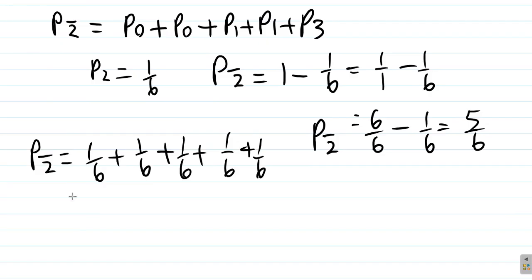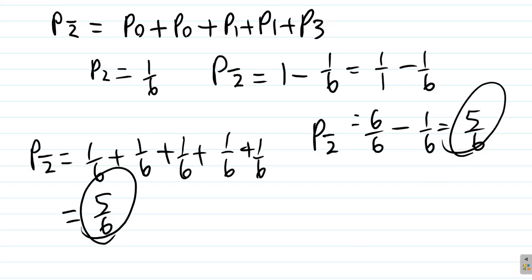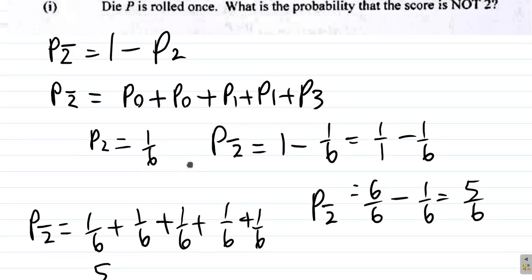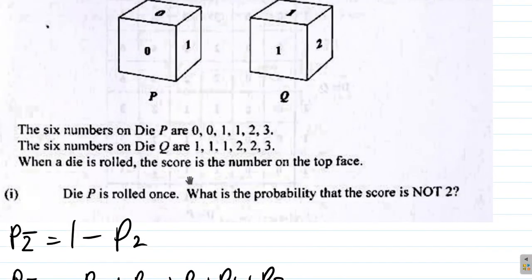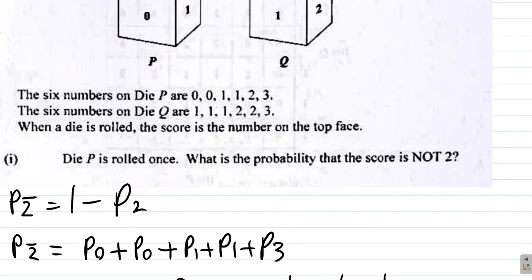Now, how many sixths do you have here? 1, 2, 3, 4, 5. There are 5 sixths, so when you add them, you have 5/6. Same answer. So the probability that it is not 2 is 5/6.